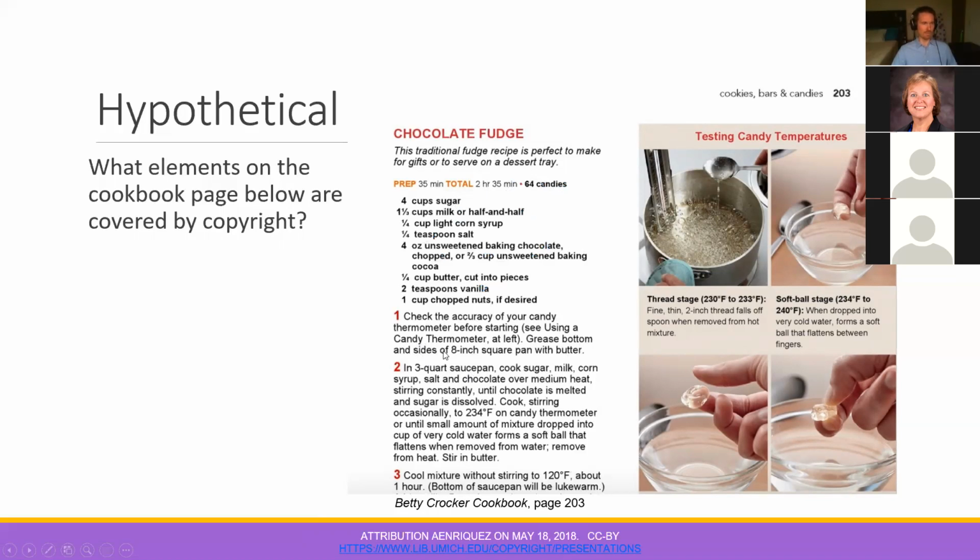The directions may not have a lot of creativity, but the photos deal with creativity, originality, as well as expression. So out of all of this, the directions may have a little bit of copyright, but not much. The photos are definitely going to be copyrightable.